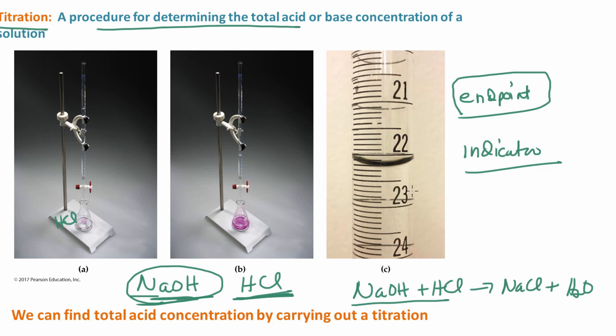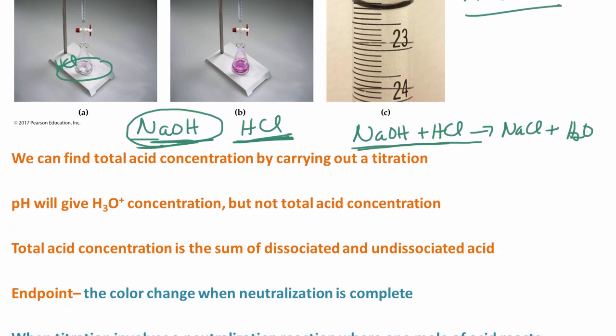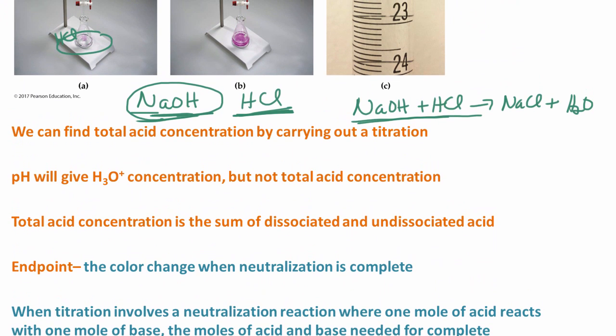So now, from that information, we know the volume of titrant, we know the concentration of the titrant, we know the volume of the acid. We can determine the molarity of the acid, again, using our balanced chemical equation. So when we do a titration, we find out the total acid concentration.